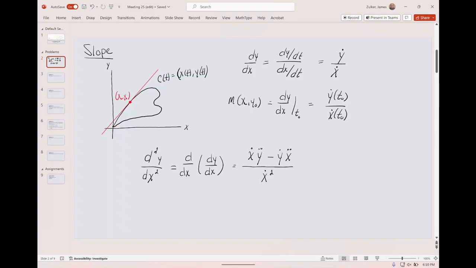Quotient rule. Well, that kind of looks like the derivative of dy dx with respect to time.